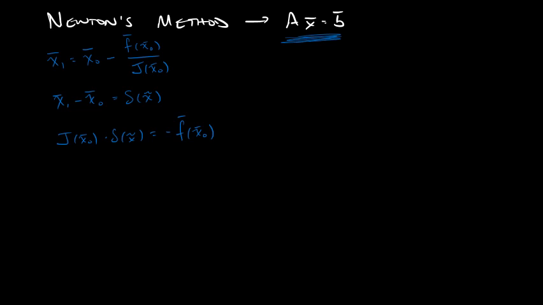But once we solve this, once we reduce to echelon form, then we'll get our delta of x. And we know that's just x1 minus x naught, so we can rearrange this. So delta of x, the solution to that matrix problem, plus our initial guess would just be our new guess, which is what we're after. So let's take a look at an example and see if we can come up with a good method here.